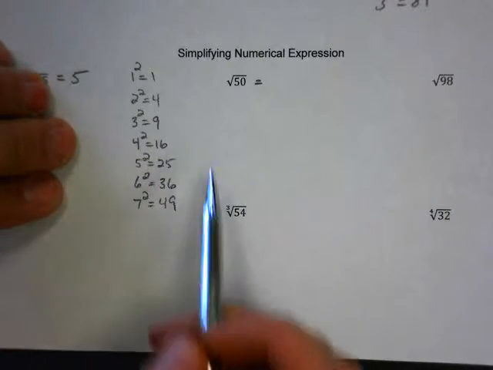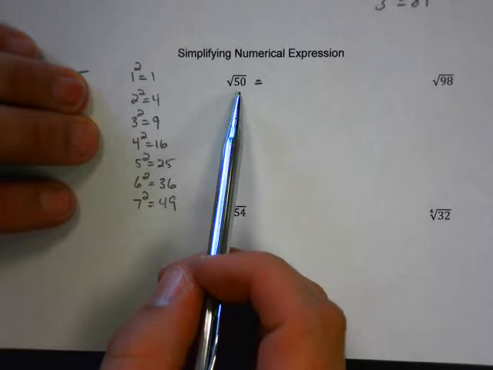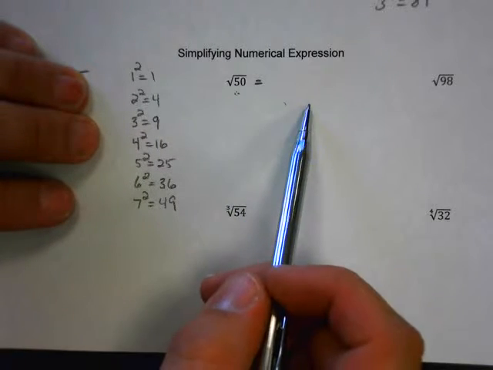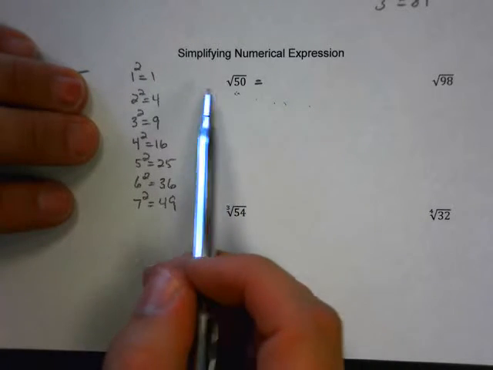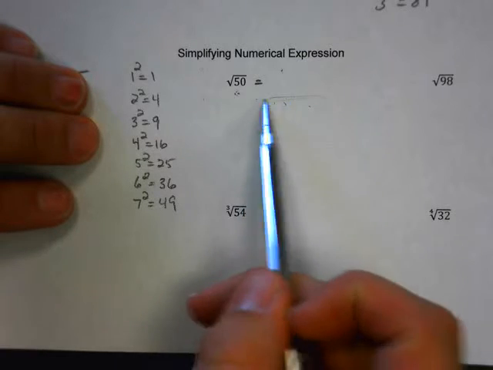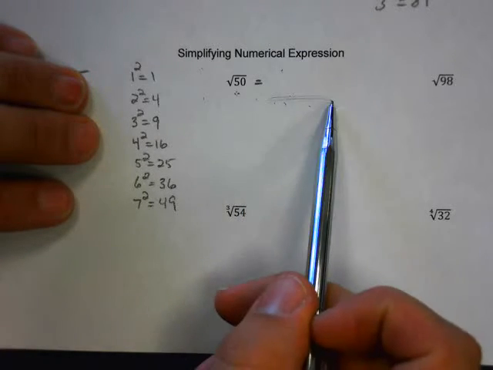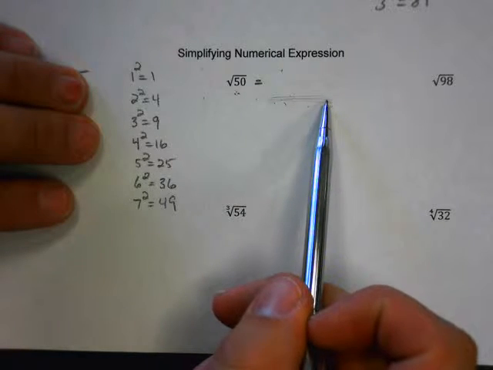So if we're looking to simplify the square root of 50, if you put this into your calculator, you're going to get an ugly decimal. This is not a perfect square root. Okay. But when we're simplifying these, we want to have an exact answer here. Not an ugly decimal, not a decimal we're rounding, but an exact answer.